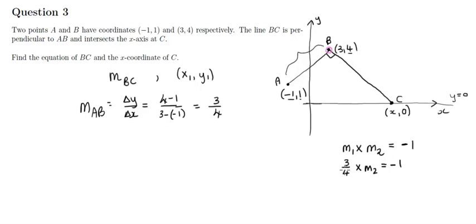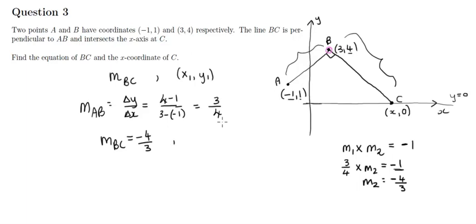If we divide both sides here by 3 over 4, we get that M2, which is the gradient of BC, is -4 over 3. So now we have the gradient of this line. So the gradient of BC is equal to -4 over 3.